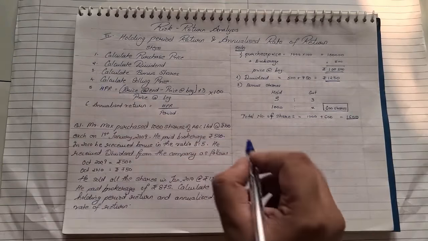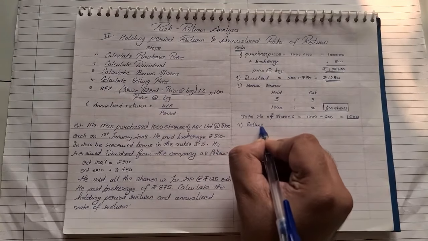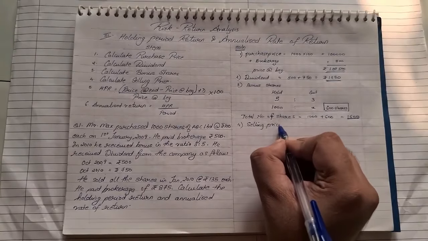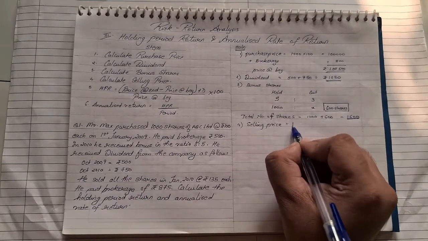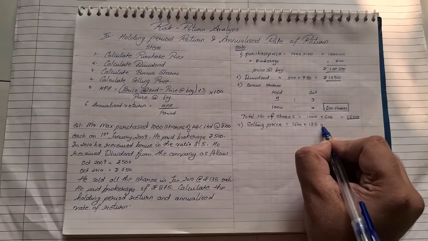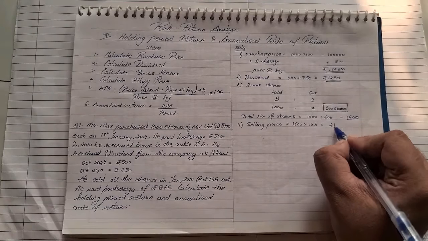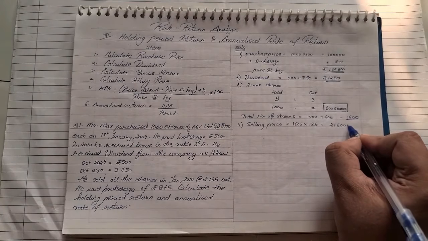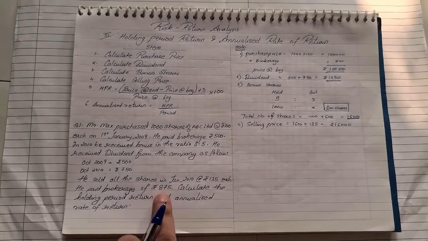The next step is now we need to calculate the selling price. So step number 4, we'll find the selling price. So selling price, now here they have given you sold all the shares for 135. Now we have total 1600 shares and we are selling it for 135 rupees each. So 1600 into 135, that comes to approx 2,16,000. Again, there is some brokerage which was paid.